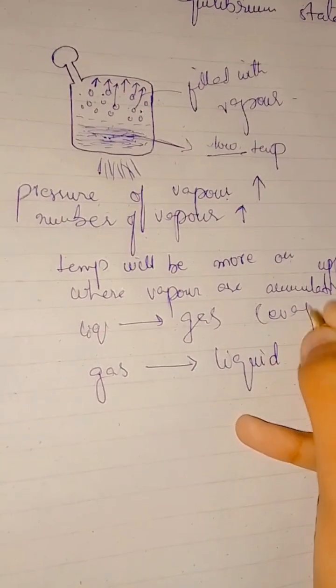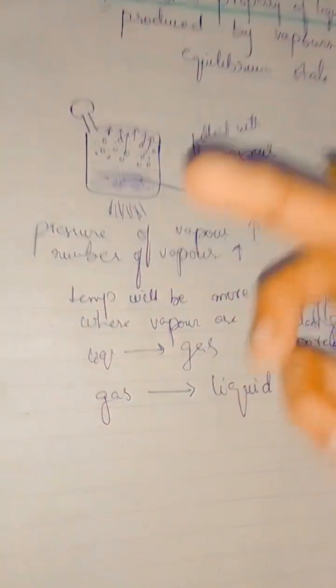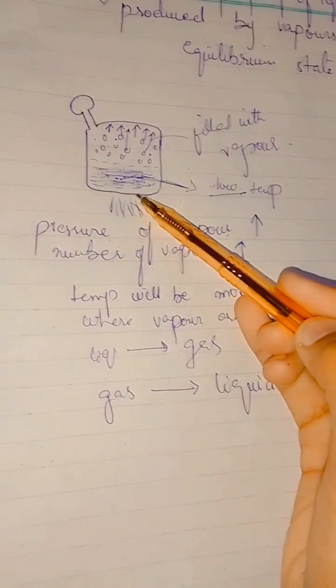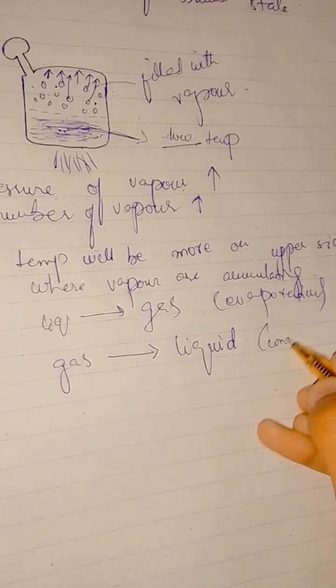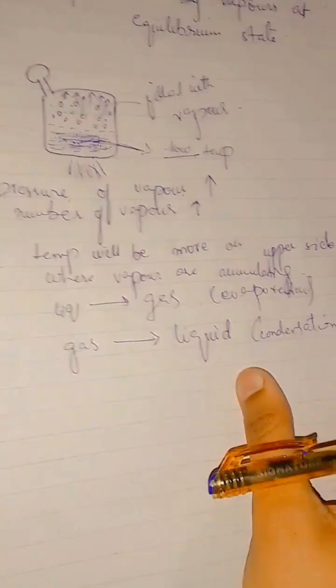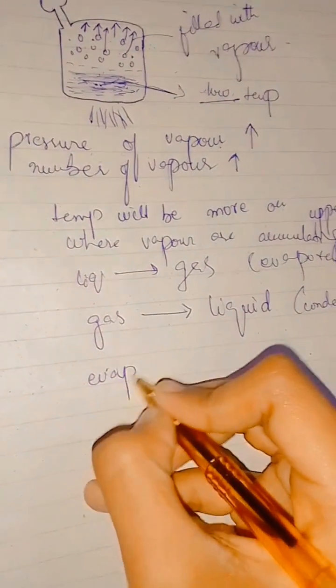What was that? It was evaporation. First of all the liquid molecules were converted into vapors, so that was evaporation. Now those vapors are converted into liquid molecules again, so that is condensation. Now evaporation and condensation are equal, they are in equilibrium with each other.